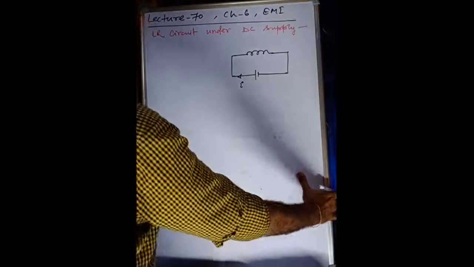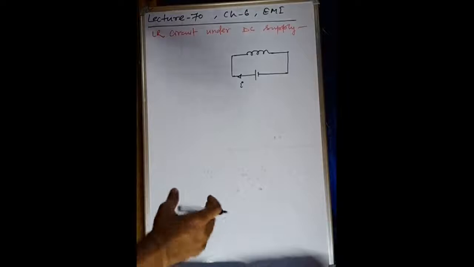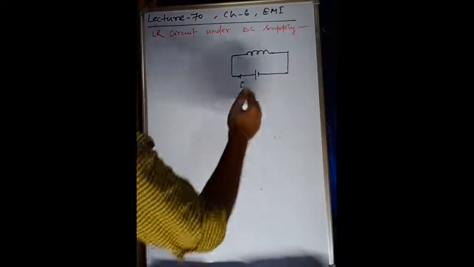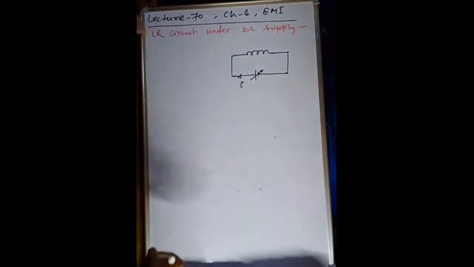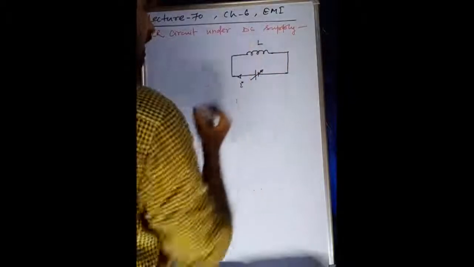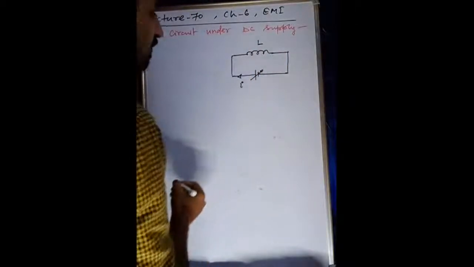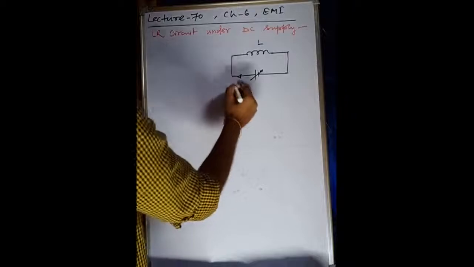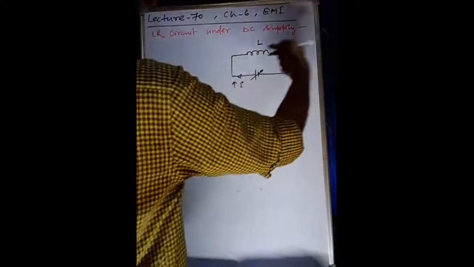Right now we will see how this current will increase or decrease by the variable battery. Inductance is L. So the back EMF will be in this direction. If the current is increasing, then back EMF will be in this direction.